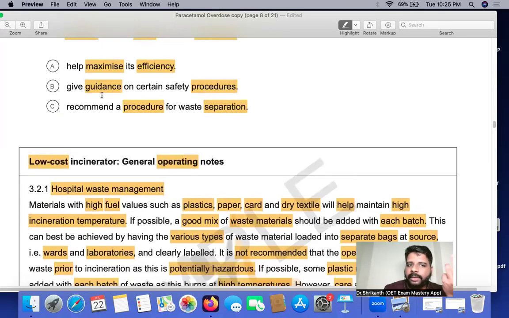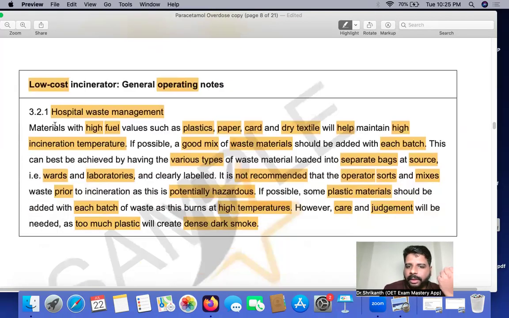Now see over here, the last sentence also: care and judgment. So you have to be careful. You have to be very serious over here, as too much plastic will create dense dark smoke. So if you are putting too much plastic in there, it will cause dark smoke. So it is a warning.